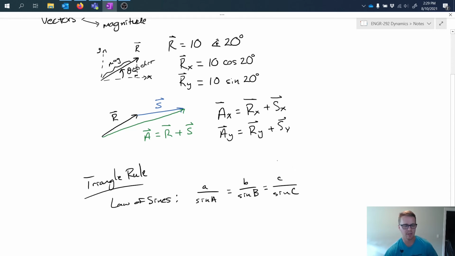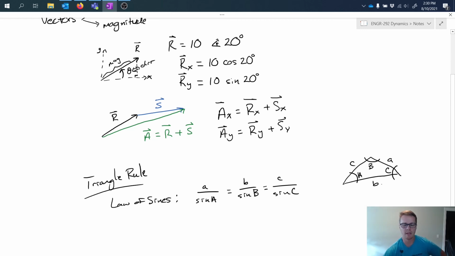Now these letters don't necessarily correspond to the vectors I've shown up here, but instead, if I have an arbitrary triangle, these letters are used to denote the side lengths a, b, and c, and the corresponding angles to those sides.